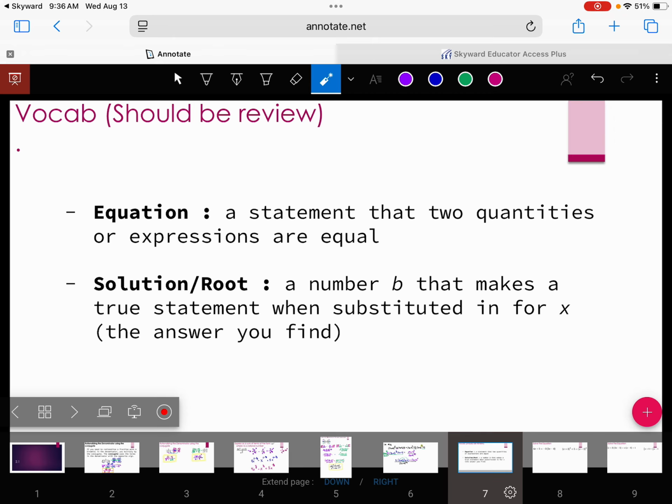An equation is two expressions set equal to each other. It's just a mathematical statement. Our solutions are our roots that make it true. It's usually the answer we find when we're solving. It also counts as our x-intercepts: solutions, zeros, roots, all those things.